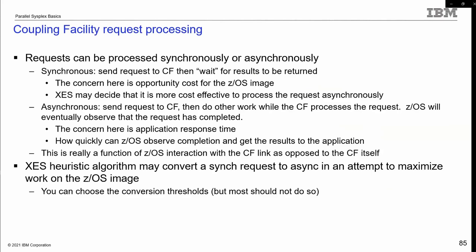But of course during that time period I can't do anything else. So asynchronous may be an opportunity if you have a request that the coupling facility might take a while to complete. You might consider doing it asynchronously, be able to do additional work, not tie up the CPU during all that time, and then when the coupling facility is done, I can be notified that it's completed and pick up that work where I left off.